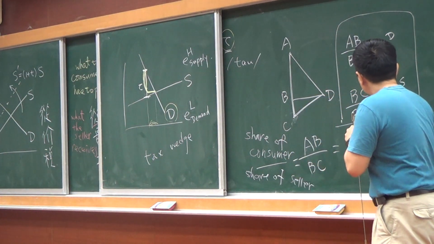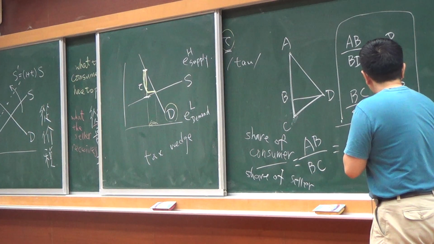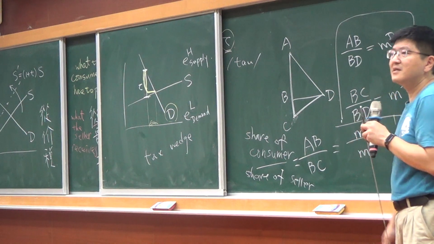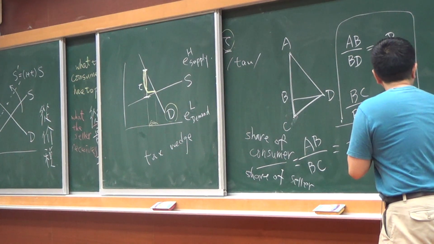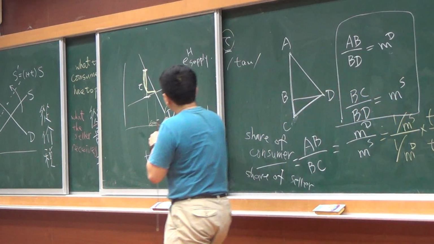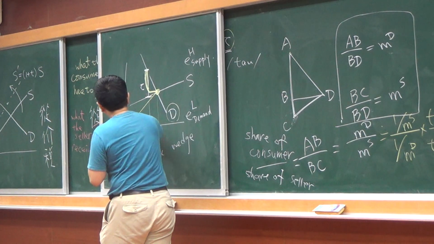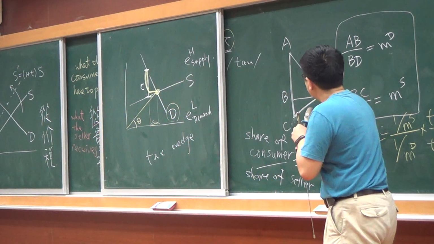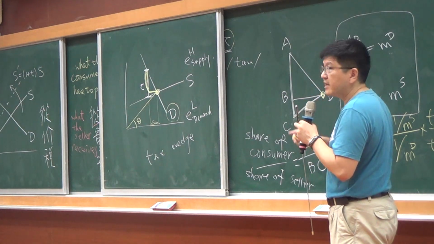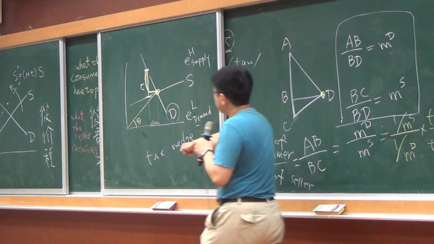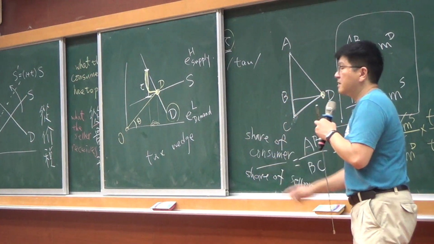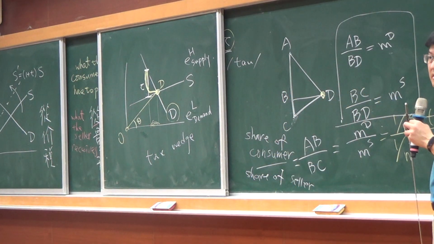Alright, so now, what about if we make it 1 over ms and 1 over md? And we make it tangent theta here. What is tangent theta? This point, the tangent, this is the theta, okay? So the angle of the straight line connecting the origin and point D here, which is tangent theta, okay?